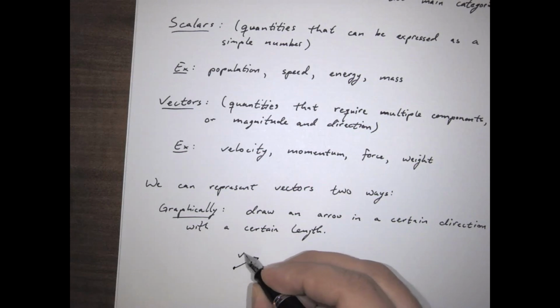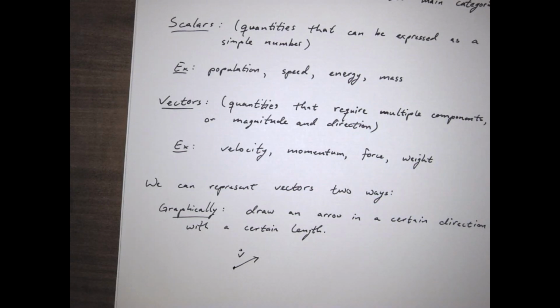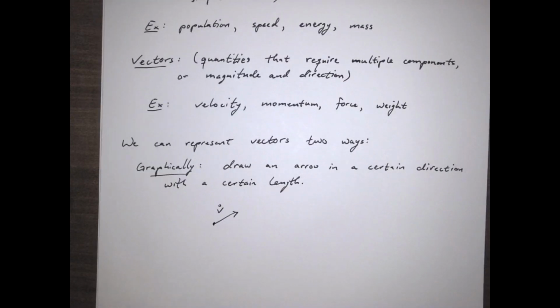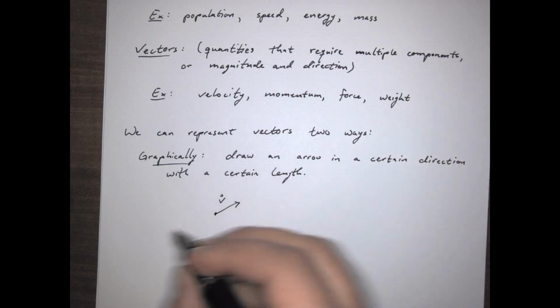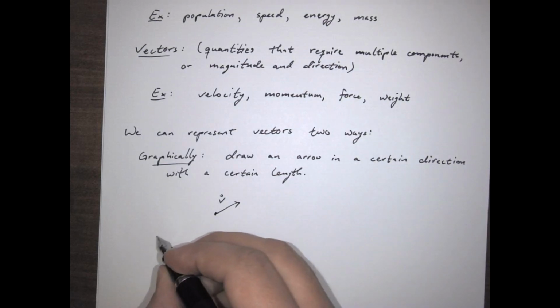And the way we label vectors is with letters such as V, W, sometimes U, depending. And you indicate a vector by putting a little mark above it. So notation.